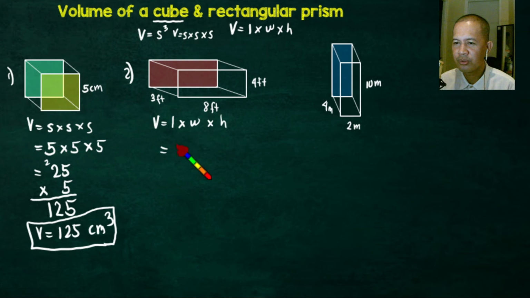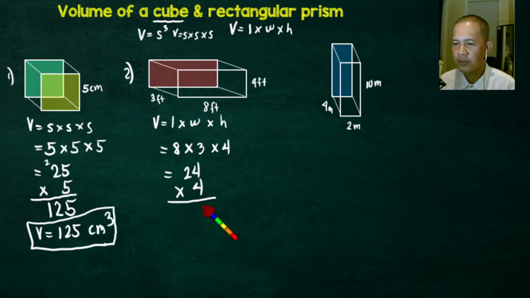We're going to put 8 as our length times our width, which is 3, and our height, which is 4. 8 times 3, that is 24, multiplied by our last factor, which is 4.